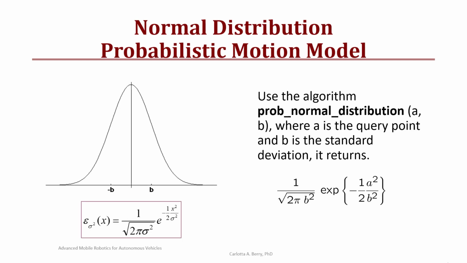So please recall that our normal distribution or probabilistic motion model is given by the following, assuming a zero mean for the Gaussian distribution. And we use the formula 1 over the square root of 2 pi b squared, where b is our standard deviation, times e to the negative 1/2 a squared divided by b squared, where a is our mean. We write this as a function in Matlab.